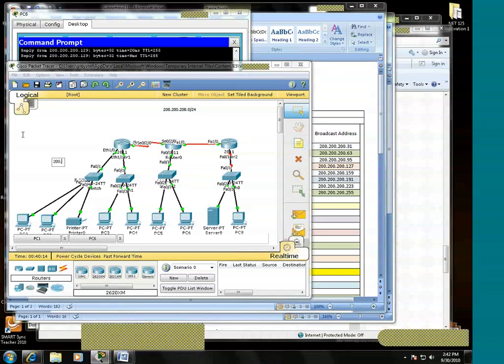200.200.200.0/27. So we know that this network here is the 200.200.200.0/27. Is that correct? No, that's not correct because we started with the 224.